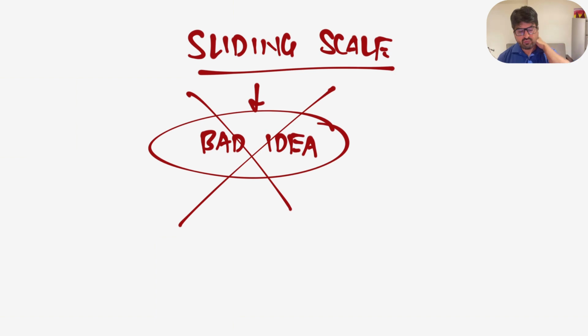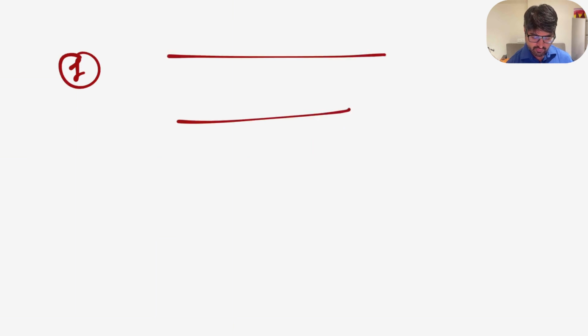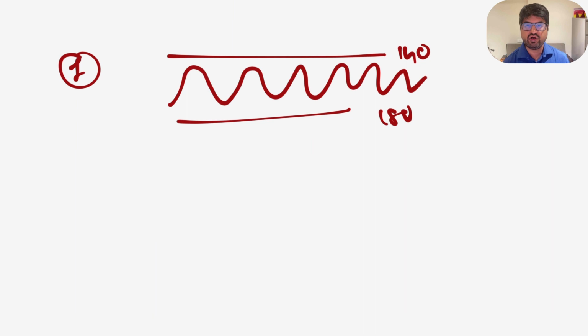Okay. So, what you need to understand is that there are 3 situations for blood glucose, right. Situation 1, let's say this is 140 to 180, right. So in situation 1, the blood glucose ranges between these levels. This is what you want in an ICU setting.